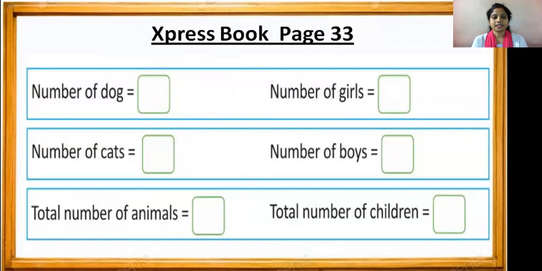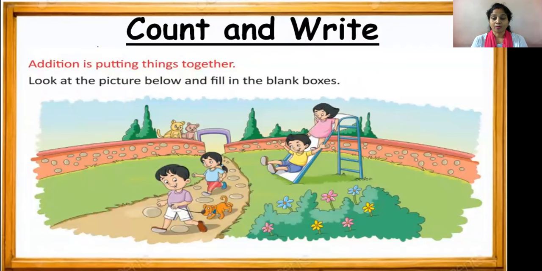So, first is number of dogs. See? How many dogs are there? 1. And how many cats are there? 2 cats are there. So how many total animals are there in the picture? 2 plus 1, and bring them together, it means 3 animals.